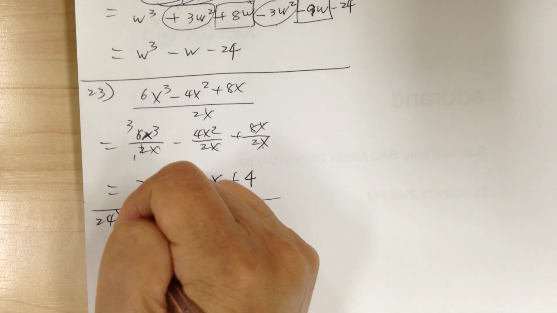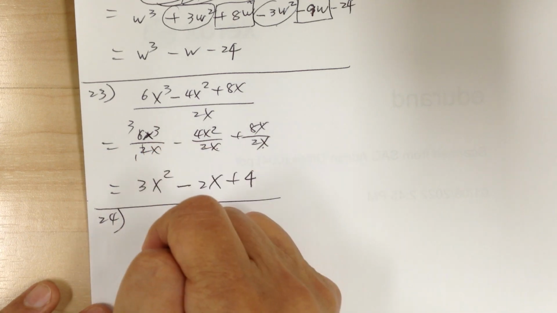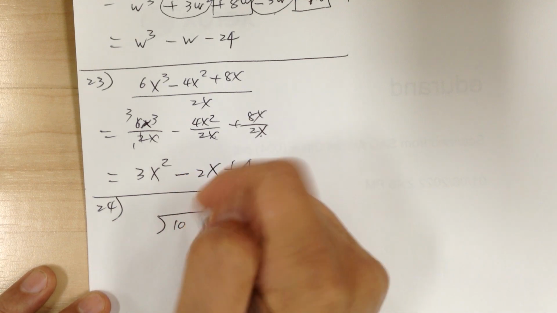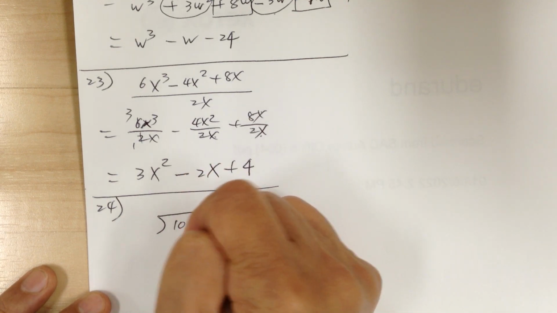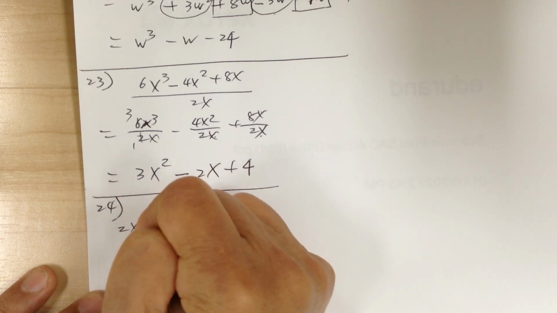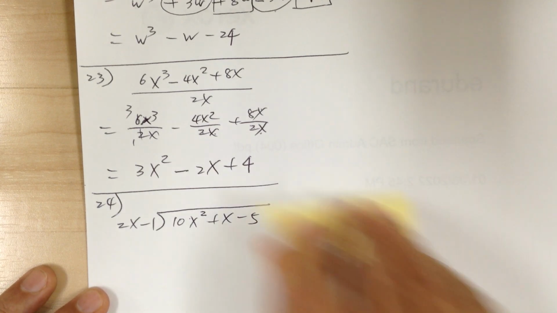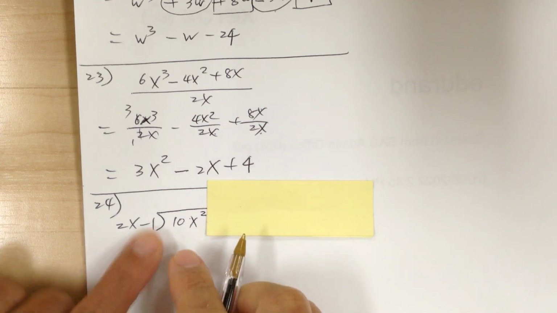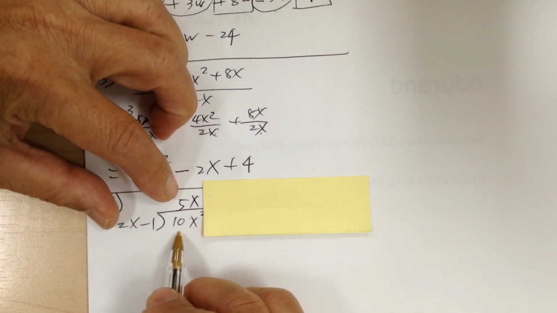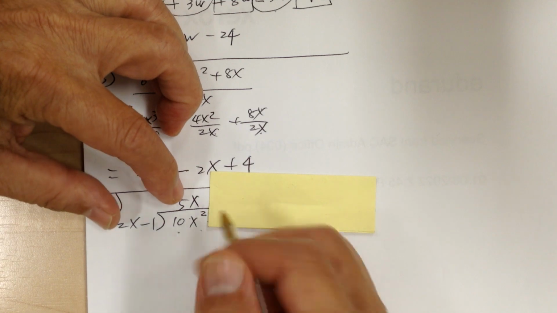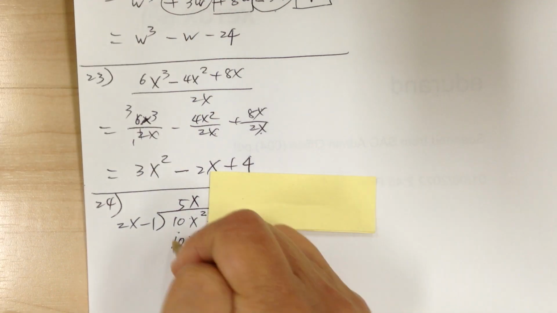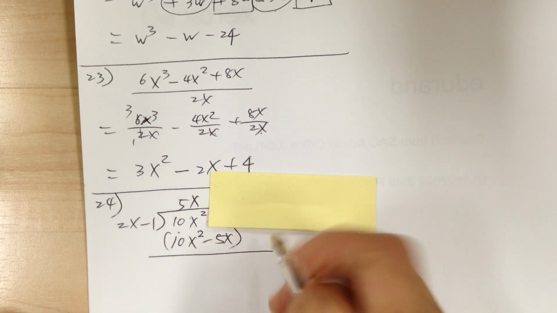Okay, 24. Okay, this is a long division. So you have to write the divisor. So 10x squared plus x minus 5. And this one you have to have 2x minus 1. Okay, so again, first you focus on the first term. So you need to get 5x, right? 2 times 5 to get 10, x times x to get x squared. So when you multiply, you get 10x squared minus 5x. Okay.